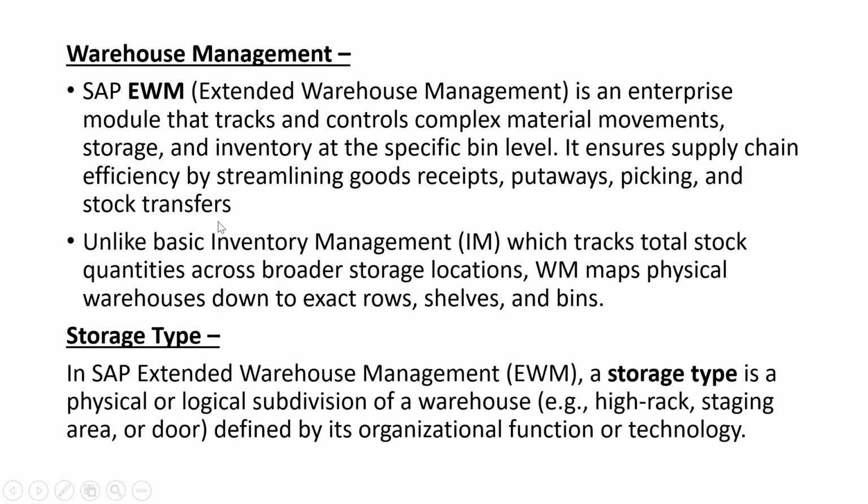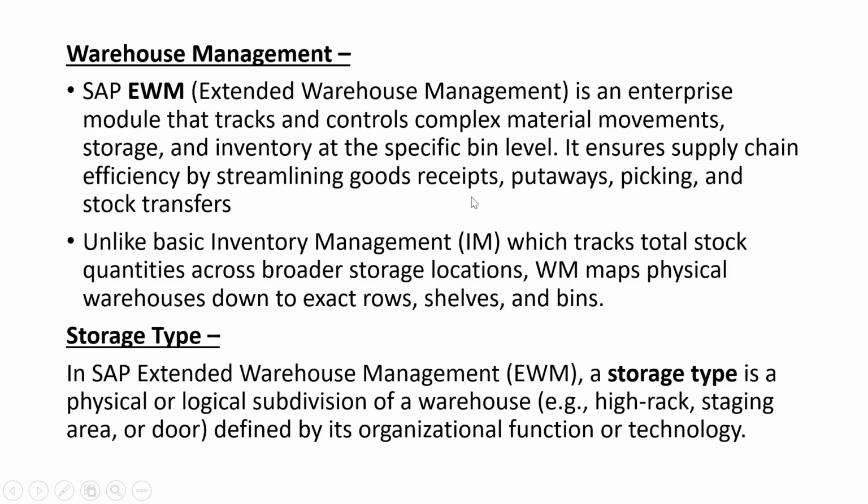And stock transfers. Internally in the warehouse, we need to adjust the stocks between the bins. Let's say in one bin I have 10 pieces, in another bin I have 5 pieces, in another bin I have 20 pieces, total 35. But my rack can accommodate 40 pieces.